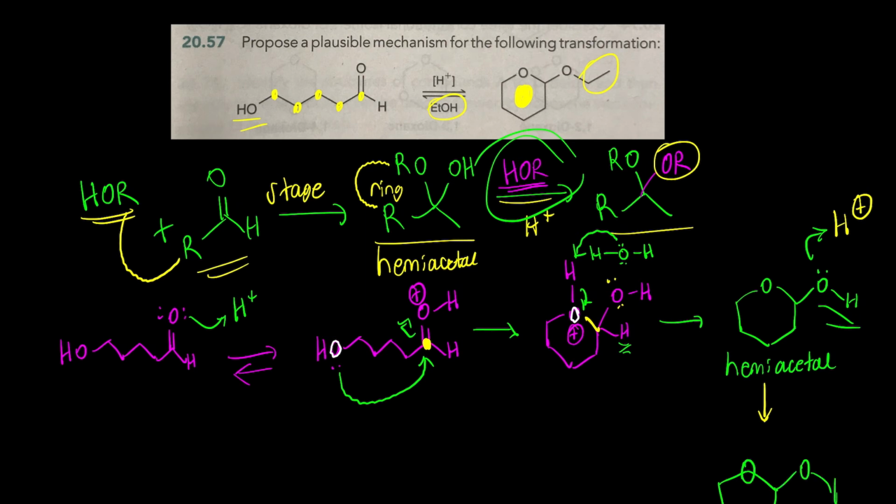Now remember, neutral water is a pretty good leaving group, so that's the purpose of doing this. And what we're going to do now is take the lone pairs on this oxygen and kick off water. Here's where you lose water, and we form this very weird looking structure.